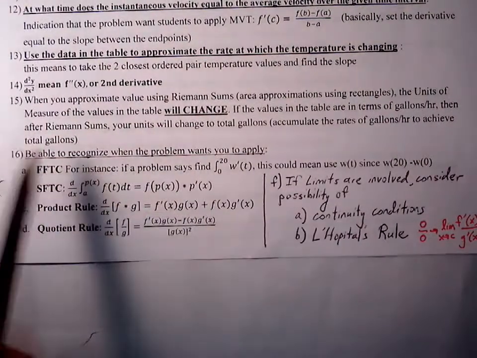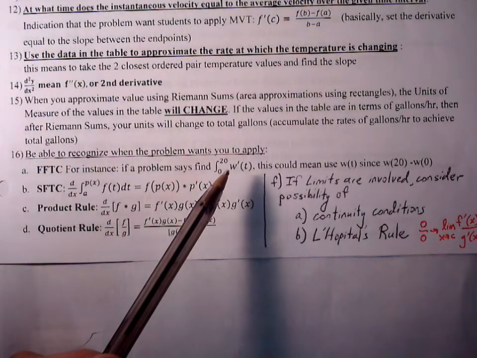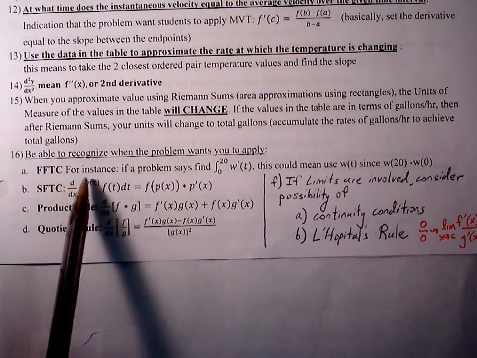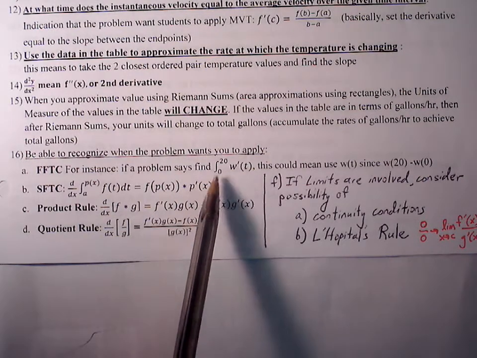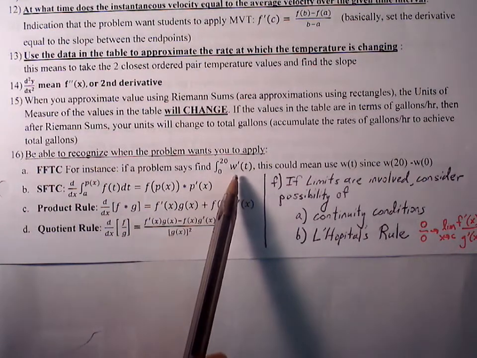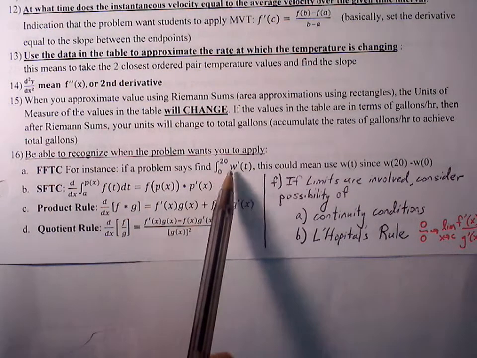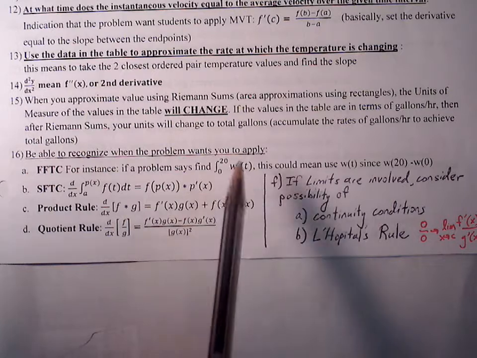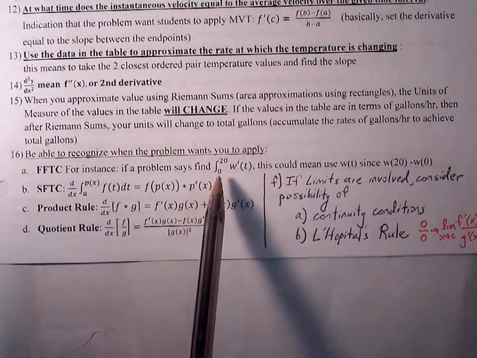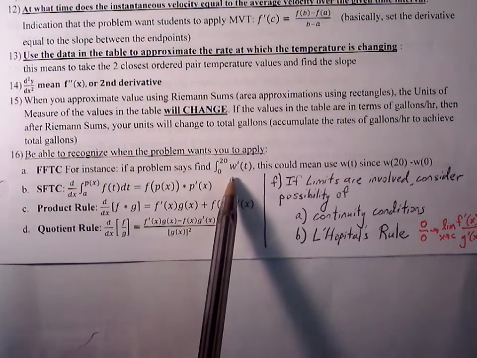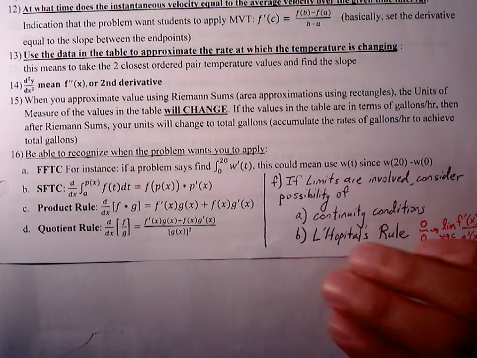Also, at the bottom of this page, be able to recognize when the problem wants you to apply certain theorems. So, the Fundamental Theorem of Calculus. If a problem says find the definite integral from 0 to 20 of w prime of t, and you're only given the w of t function, then we apply our integral process and use w of t, because we know that the integral of w prime is going to turn into w of b minus w of a.